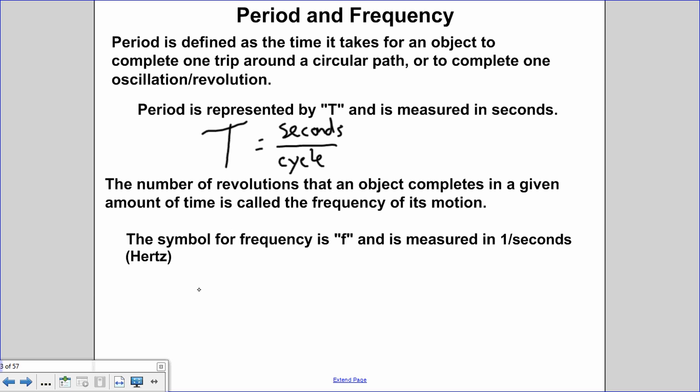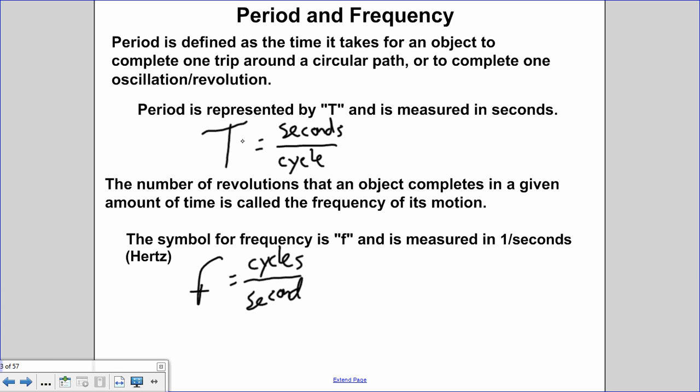So then we have frequency. Frequency is the number of revolutions that it completes in 1 second. So in terms of period, we have seconds per cycle. In frequency, we have cycles per second. And I could not tell you why, but people frequently mix these two up.